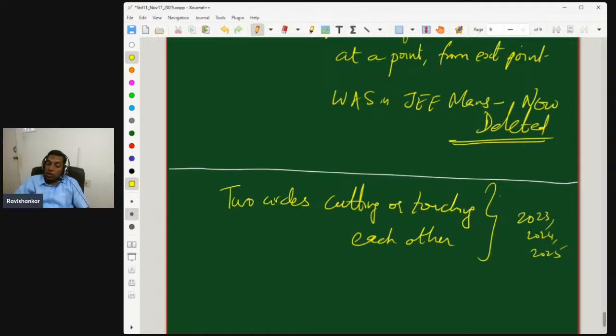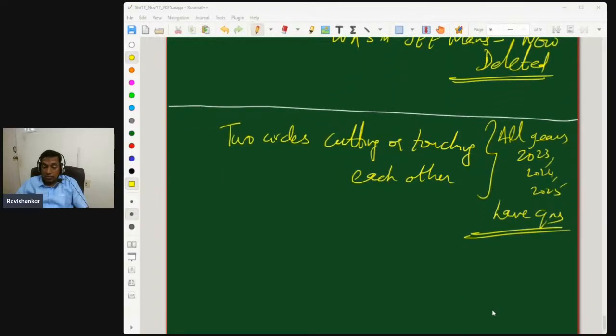All years have such questions, which is why I've included a lot of those questions here in spite of it not being in the portion. The big problem with not specifying these things clearly is NTA can always say, look, you know equation of a circle.